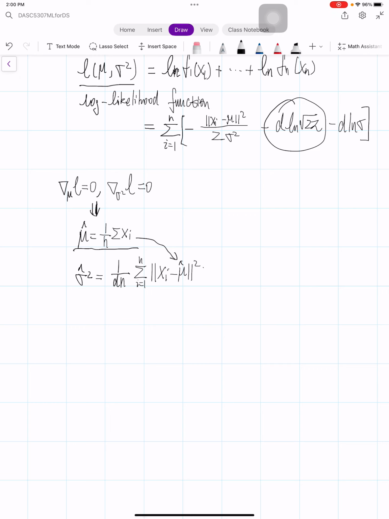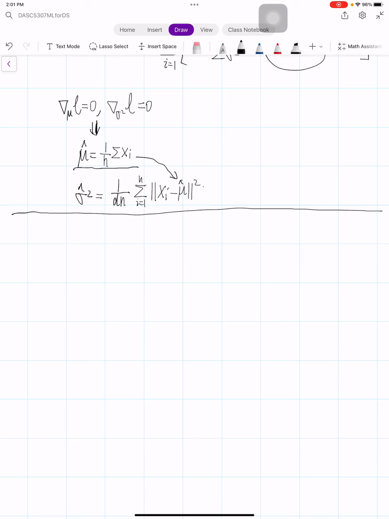So now we can just apply this MLE to our quadratic discriminant analysis.